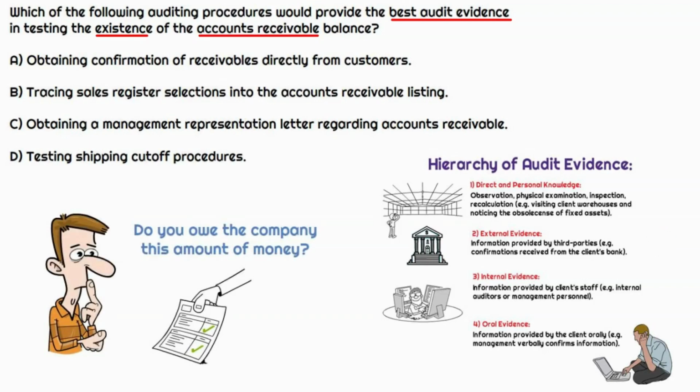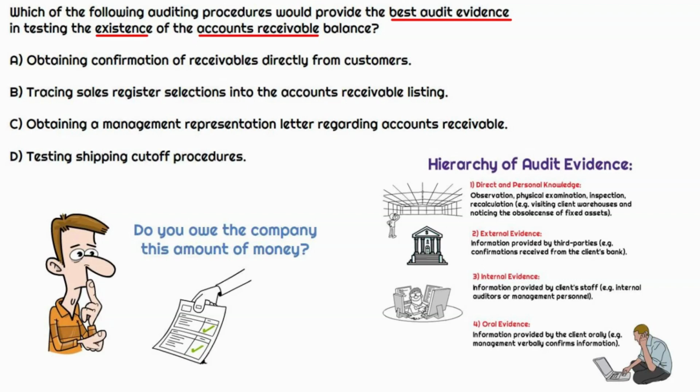And if not, what amount do you owe them, or do you owe them anything at all? Because when we receive that confirmation from, say, the customer, it would come through and say, yes, I owe them this amount of money. From the auditor's perspective, that would help test the existence assertion about whether the receivable actually exists and it's with a valid customer.